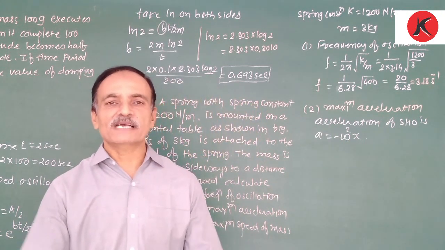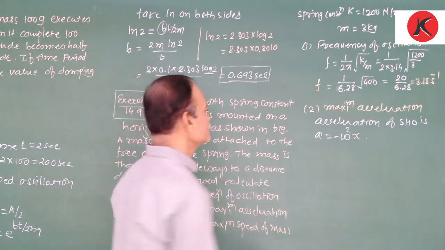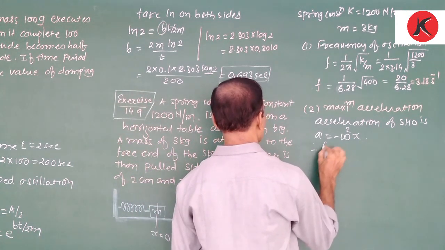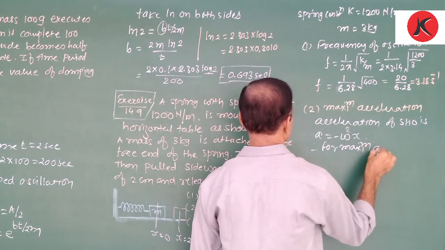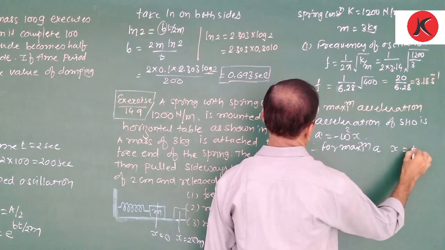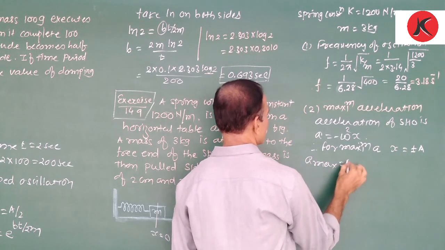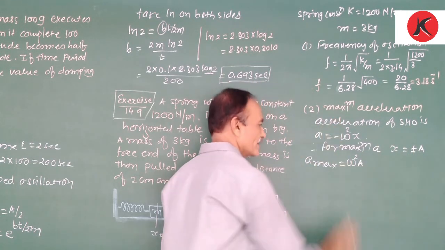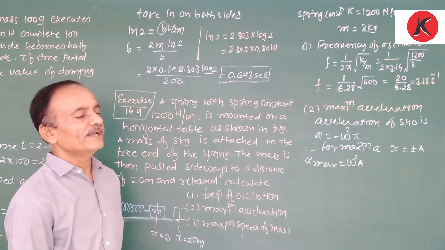Now the acceleration is maximum at the extreme point, x is equal to plus or minus A. Right? Therefore, a maximum is equal to omega square A. Now, what is the value of omega?